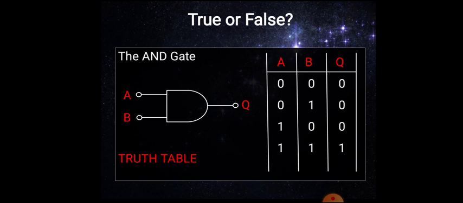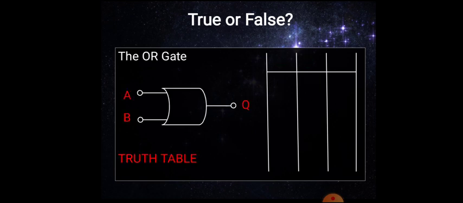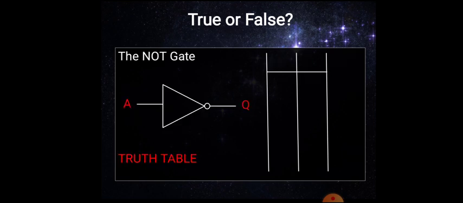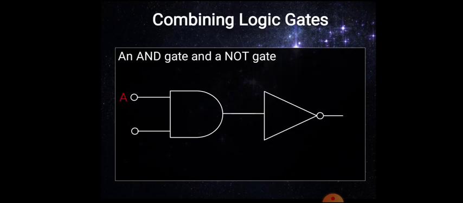Next we have shown the truth tables of the logic gates: the AND gate truth table, the OR gate truth table, and the NOT gate truth table. Mainly we have to know the combining of logic gates. When we combine two logic gates, the AND gate with the NOT gate, we get the NAND gate.